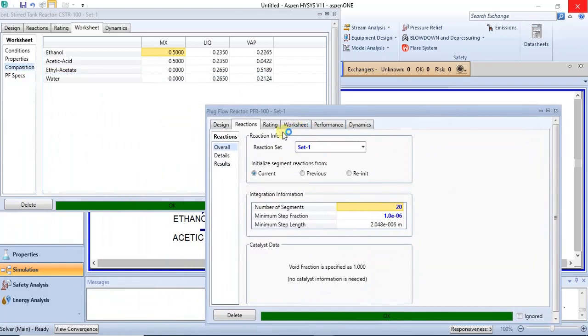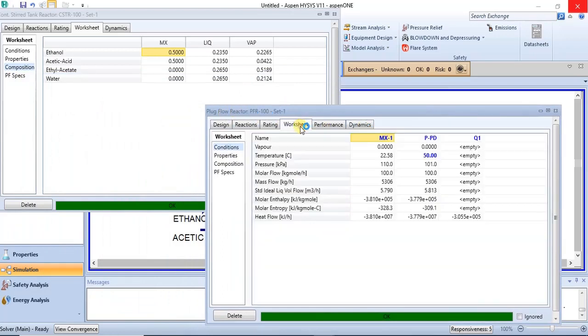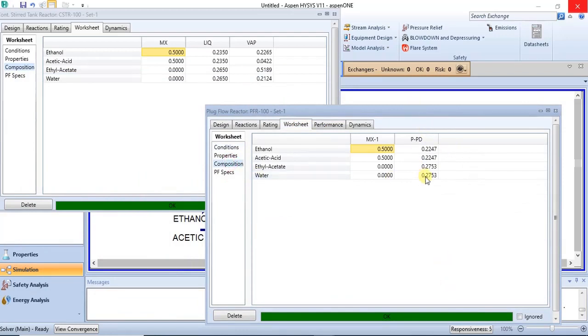This is for the PFR, and you can see the composition here, the composition of the products, which is ethyl acetate and water. For the CSTR, we also have the composition of the products, which is 0.265 for ethyl acetate and water.